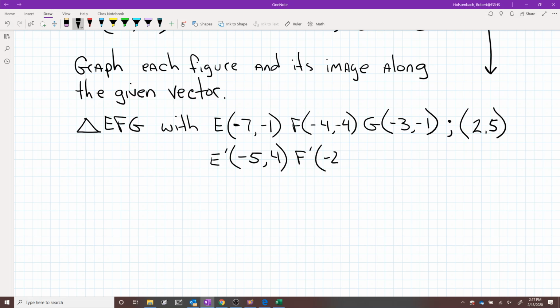So we're at -2 and 1. And then for G prime, -1, 4. And then you could graph the pre-image and the image. Any problems with any of that? Any questions?